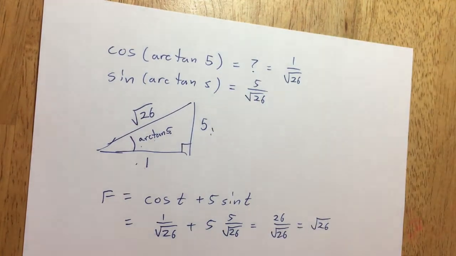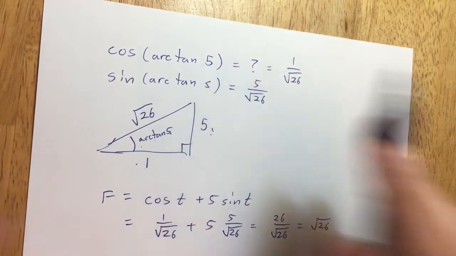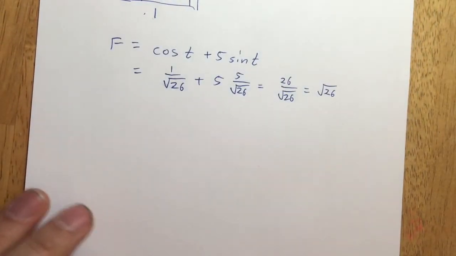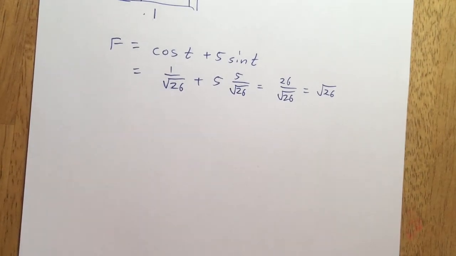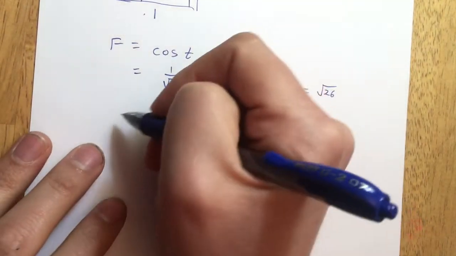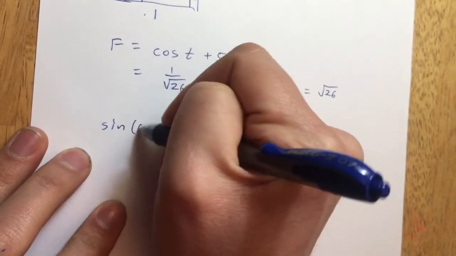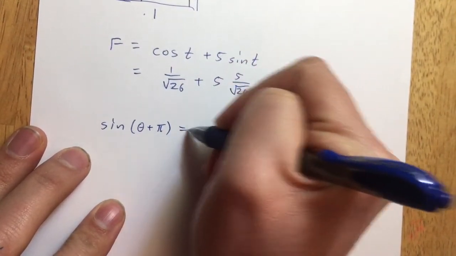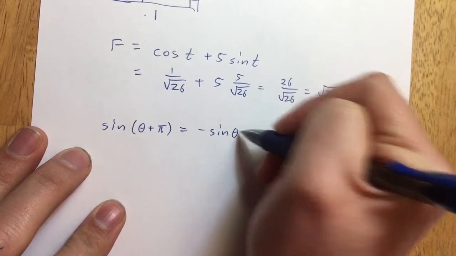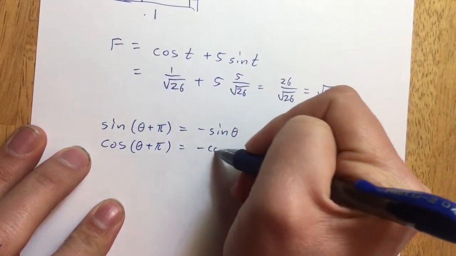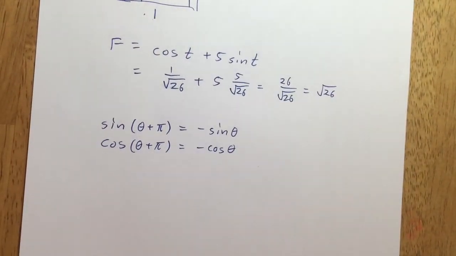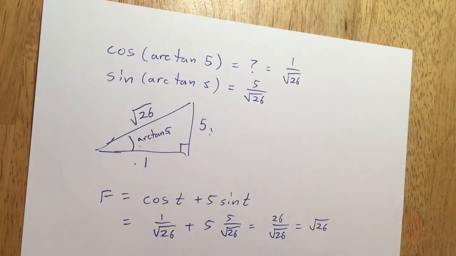What was my other value of t? It was this plus pi. Well, what does that do to it? If you just think about the circle, if you add pi to an angle, you just end up negating the coordinates. So what I'm saying here is that sine of theta plus pi is equal to negative sine theta, and cosine of theta plus pi is equal to negative cosine theta, and that's true for any angle. In particular, it's true for this one.